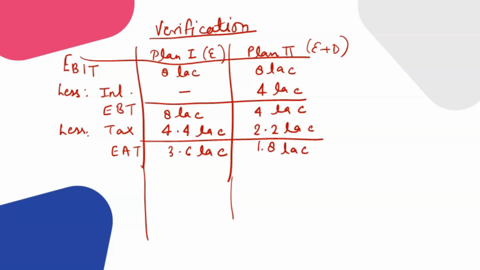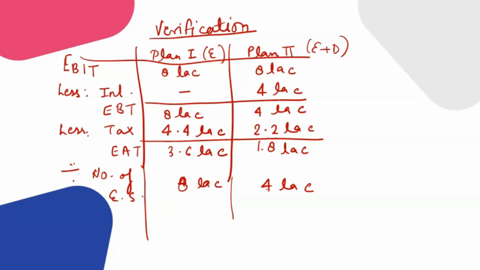Then we have to deduct the preference dividend, but preferential dividend is not there in the question. So we can go with that and just divide by the number of equity shares. Number of equity shares in the first plan is 8 lakh, and in the second plan it is 4 lakh.